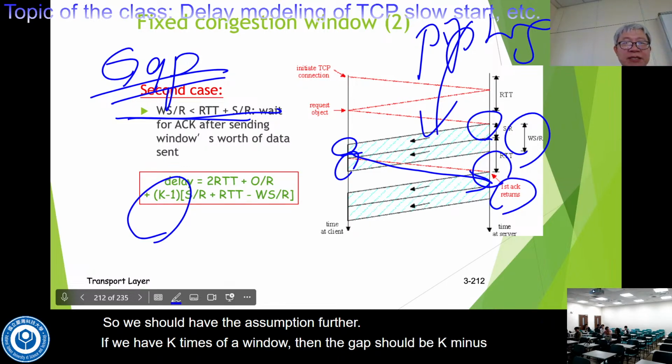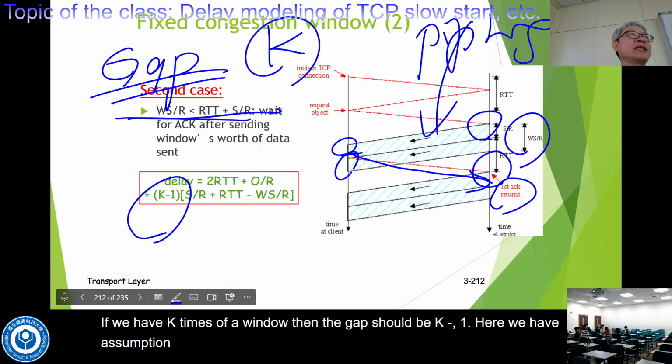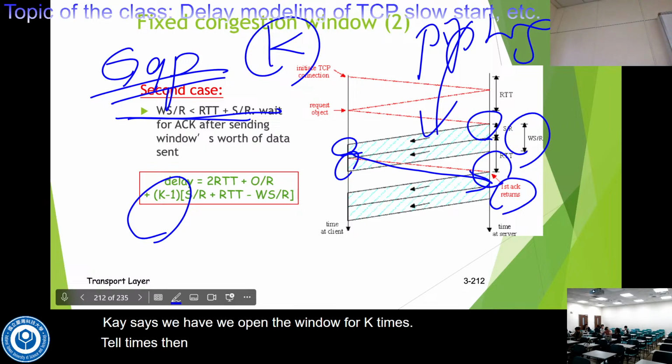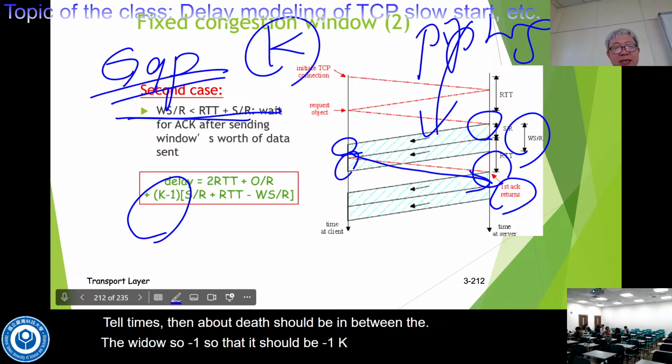If we have K windows, the number of gaps should be K minus 1. Here we have assumption K: we open the window K times. Then the gaps are in between the windows, so it should be K minus 1 gaps.